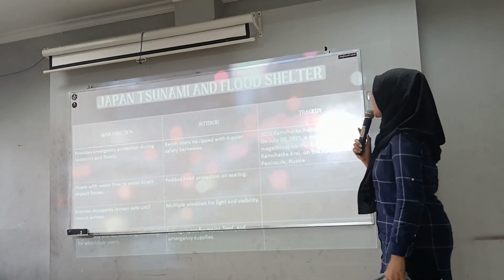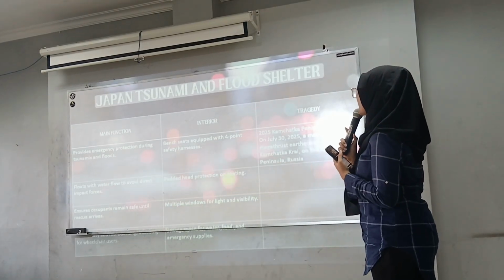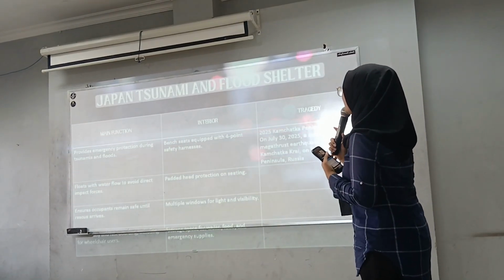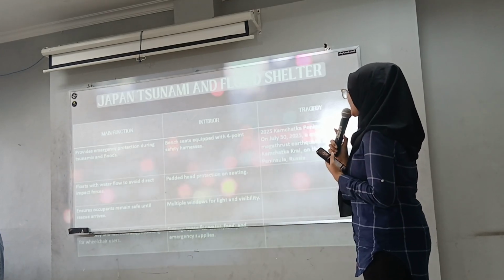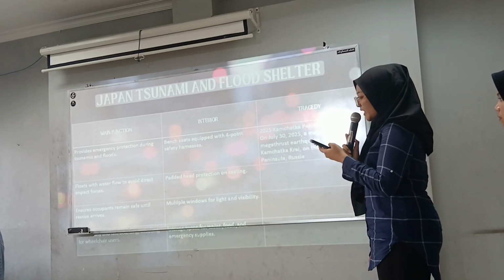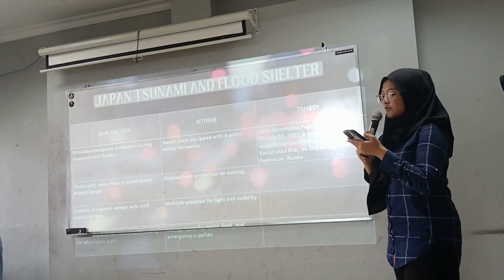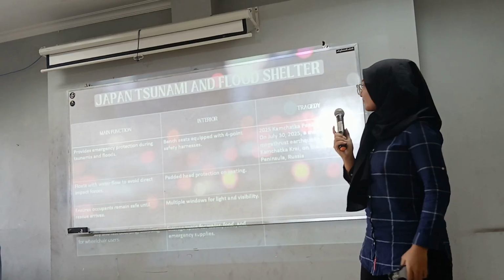And the interior has bench seats equipped with safety harnesses, padded protection on shipping, multiple windows for light and visibility, and the last is storage space for water, food, and emergency supplies.